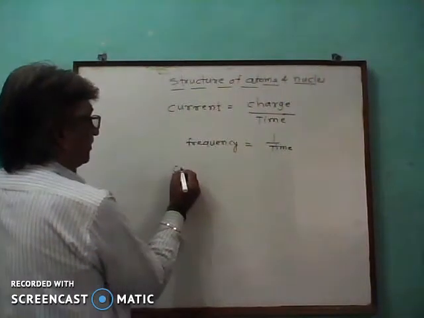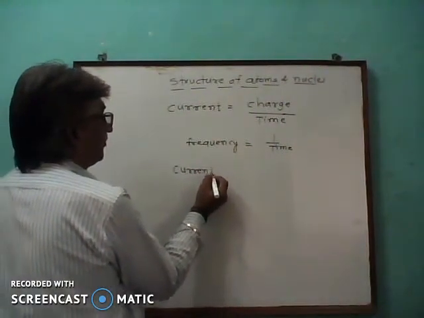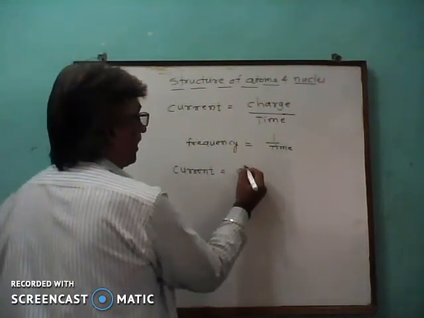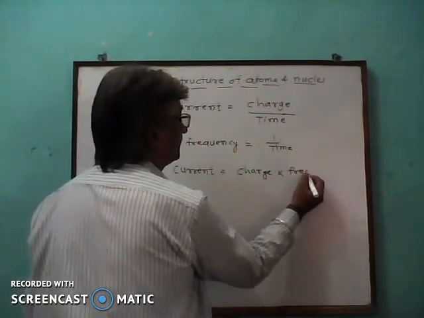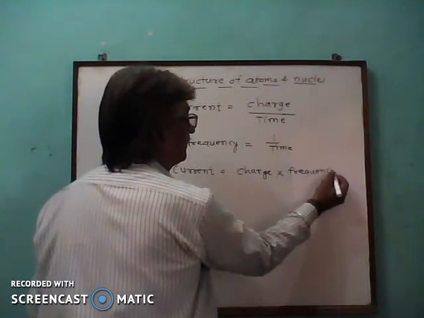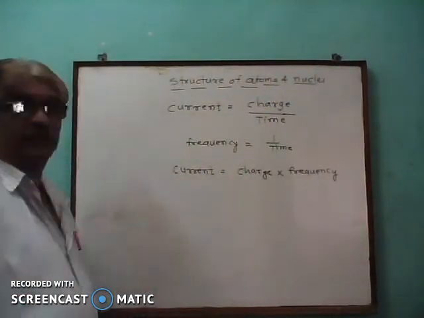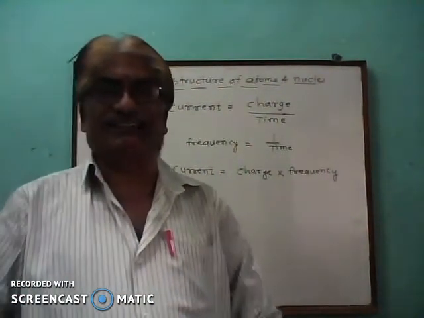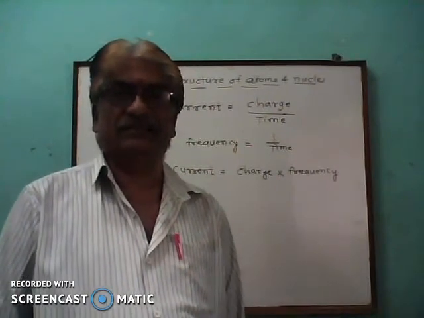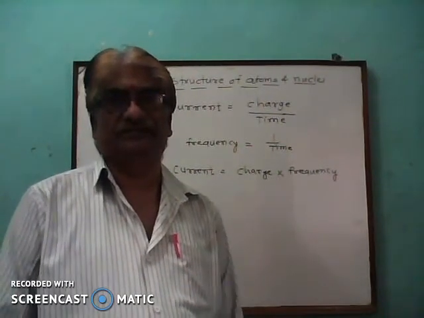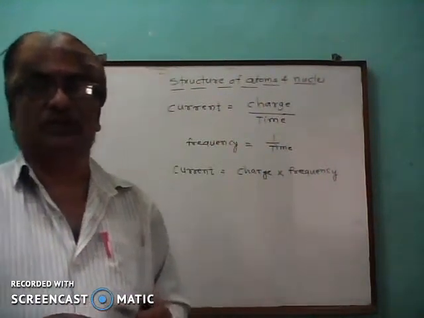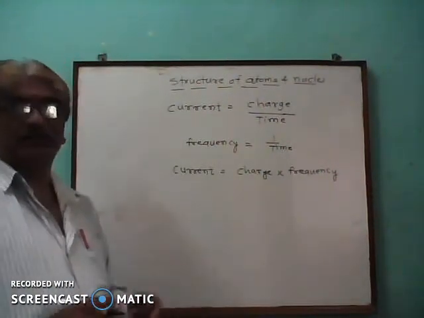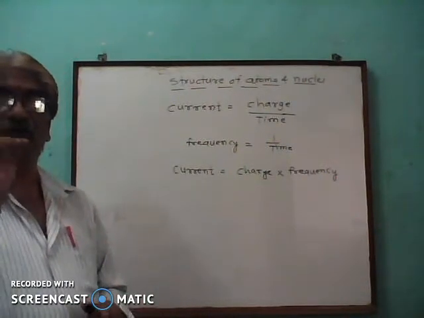So the formula for current will be charge multiplied by frequency. If the formula is not directly remembered, then we have to make the formula using two terms.